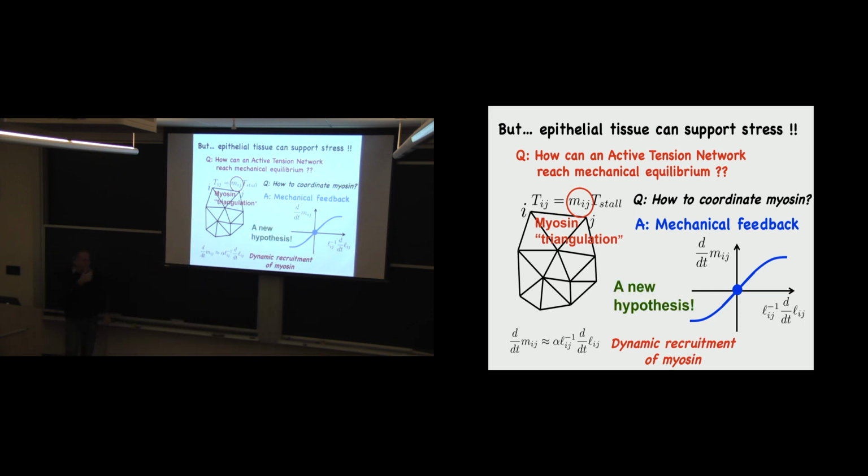So we call it dynamic recruitment of myosin, and it's a very simple relation between myosin and strain, except it's a very specific relation to the rate of strain. It has some pretty interesting consequences because it ultimately says that there is no equation of state. There's no constitutive equation describing mechanics of a given edge. It depends on history. It depends whether it has been stretched or not, et cetera.